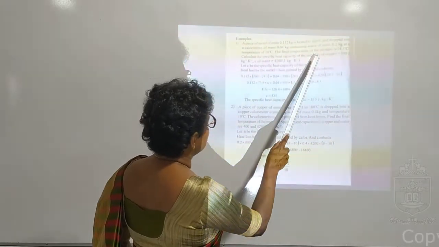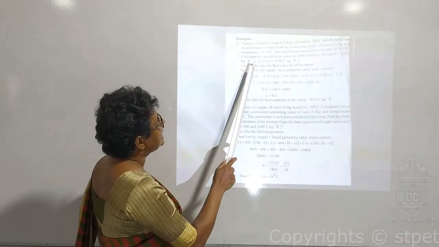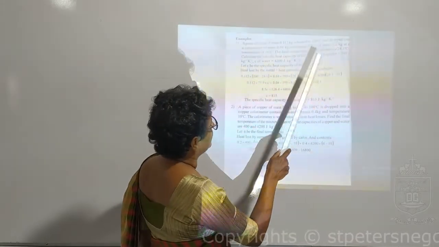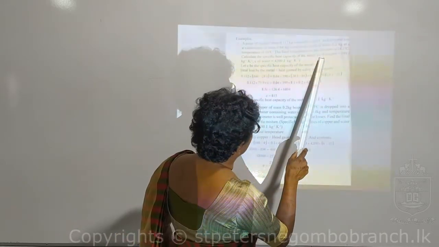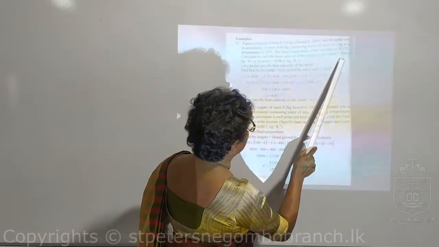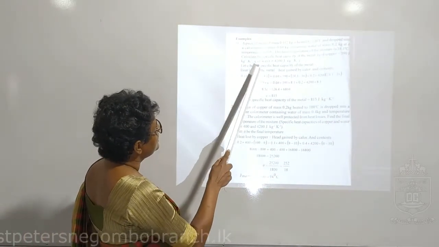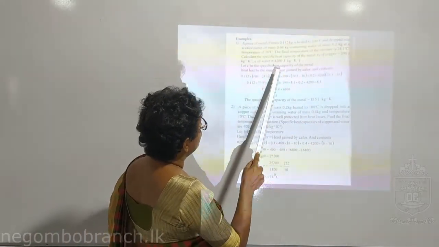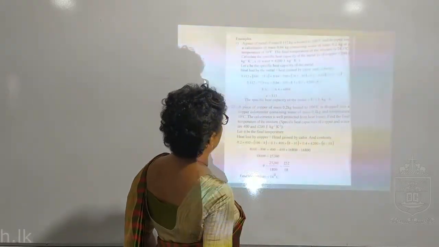The final temperature of the mixture is 24.1 degrees Celsius. Calculate the specific heat capacity of the metal. Specific heat capacity of copper is 390 J kg minus 1 K minus 1, and C of the water is 4200 J kg minus 1 K minus 1.